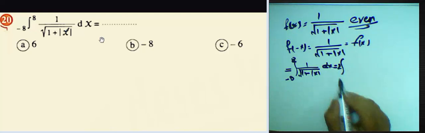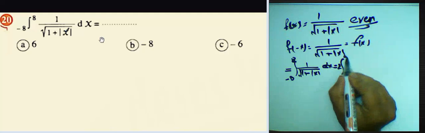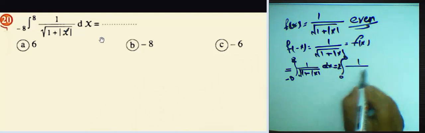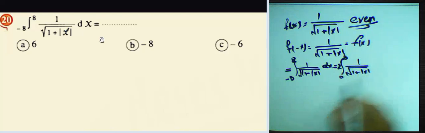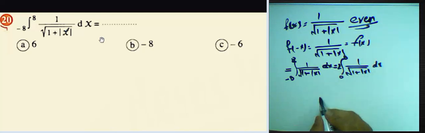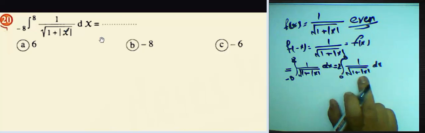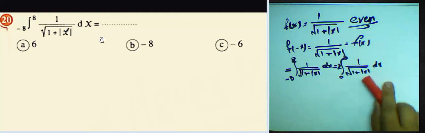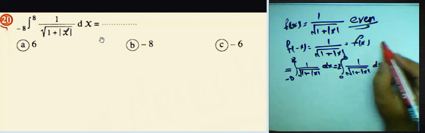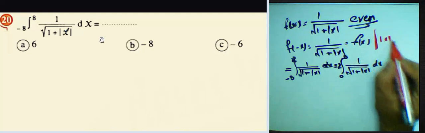You can write 2 outside here, the integral from 0 to 8 of this function, 1 over the square root of 1 plus the absolute value of x dx. We can cancel this absolute value by writing the definition of the absolute value of x.